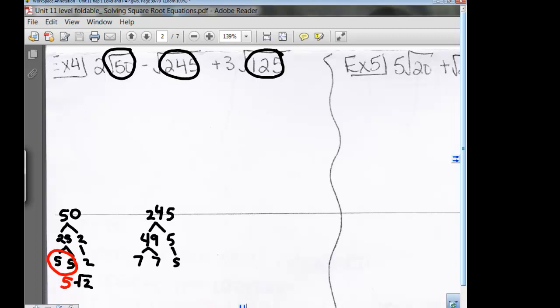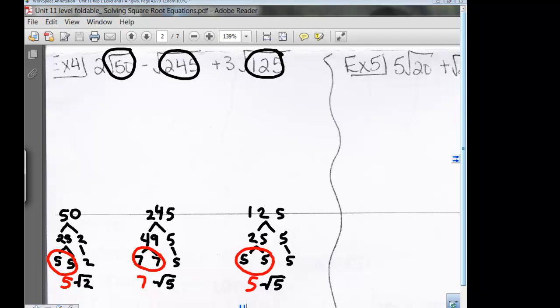The second one, 245, breaks down to be 7 times 7 times 5. There's a pair of 7's, so that will simplify to 7 times the square root of 5. And the third one is the square root of 125, which breaks down to 5 times 5 times 5. Again, I have a pair of 5's, and that simplifies to 5 times the square root of 5.